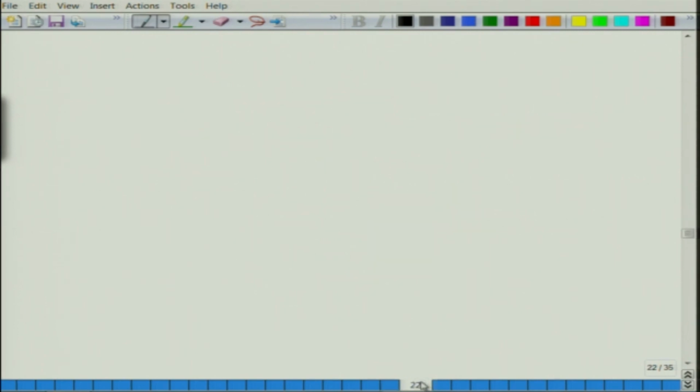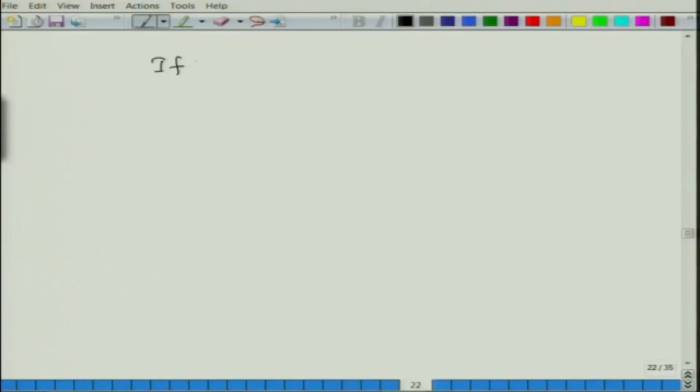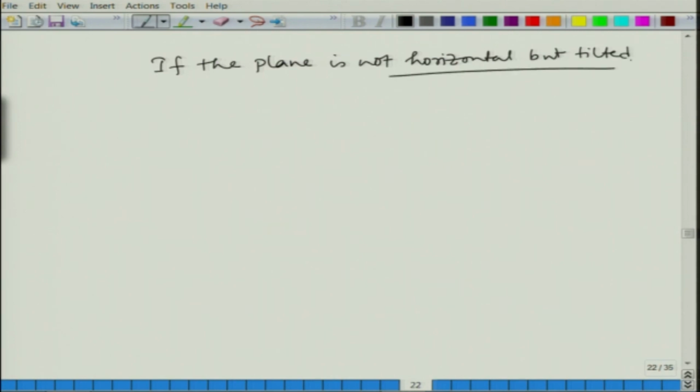Now, we will look at several other important relations. First is, if we now apply a tilt angle. Okay. So, if the plane is not horizontal, but tilted, okay, and if it is tilted by an angle beta.